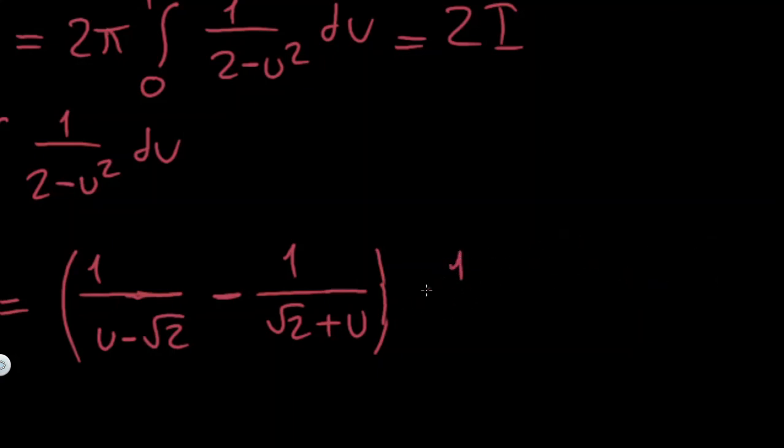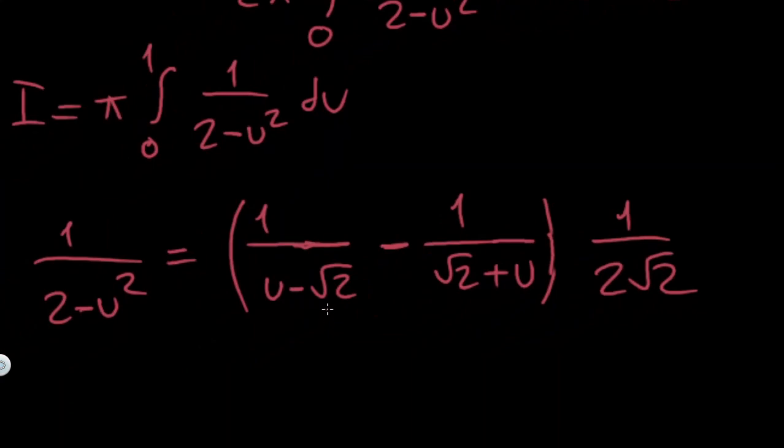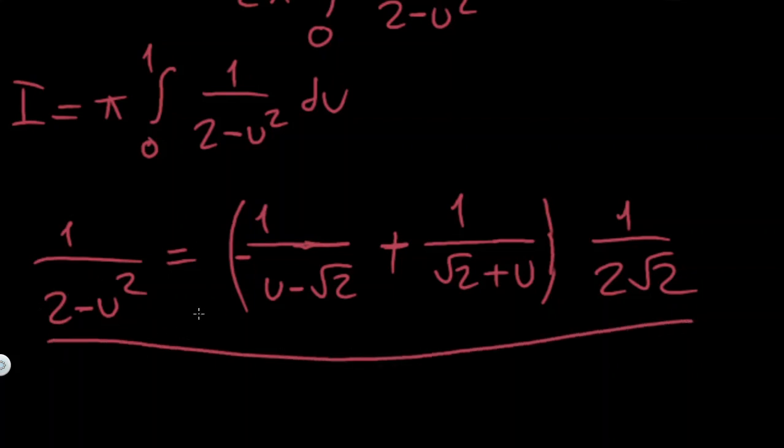So if I multiply this by 2 square root of 2, I will get this top part the same. And at the denominator, if I multiply u plus square root of 2 and u minus square root of 2, I will get minus of this thing. It will be u squared minus 2. So if I multiply this expression by minus, this statement will be correct. Okay, so I factored this thing out.